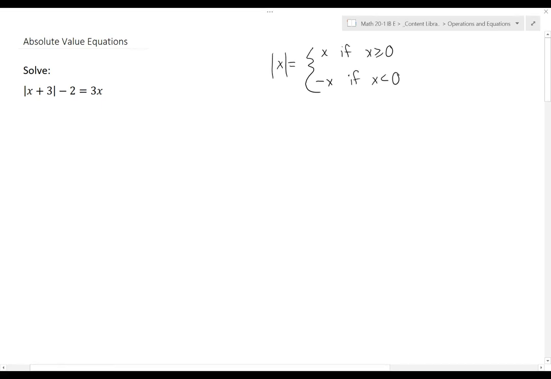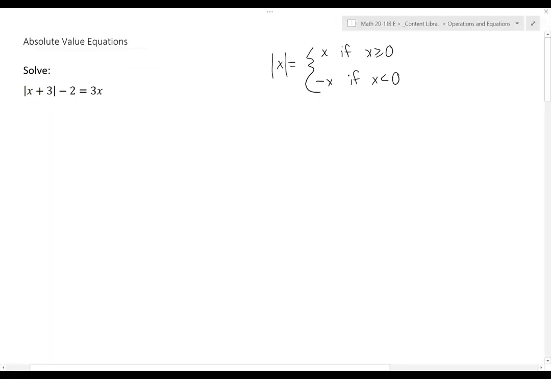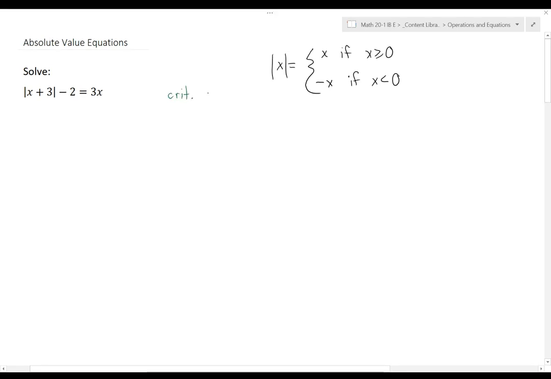So we're going to keep this in mind when we start solving equations, that essentially we can rewrite an absolute value equation as two or more non-absolute value equations by defining the different parts of the domain, which means that for each of these, we need to figure out what our boundary points are, what our critical values are. And there's a critical value associated with every absolute value, sometimes multiple ones.